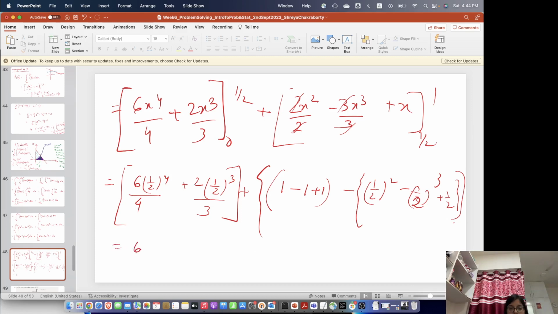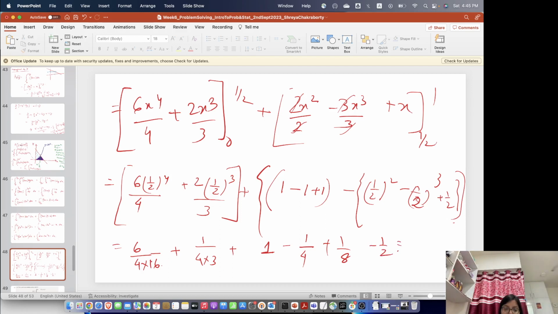This is 6 by 4 into 16 plus 1 by 4 into 3 plus 1 minus 1 by 4 minus 1 plus 1 by 8 minus half.